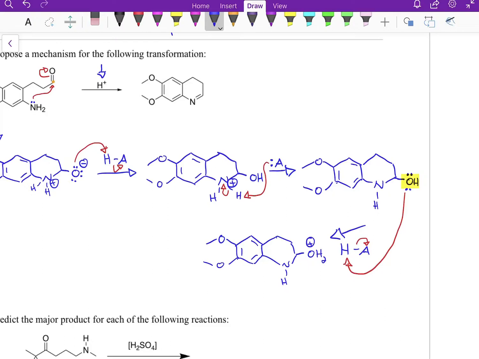And now that is positively charged. And the lone pair on the nitrogen right here is going to, so you need to look at which direction the lone pair is going to move towards. The oxygen is more electronegative than the nitrogen, so the lone pair is going to go more towards the oxygen, and the other oxygens are too far. So this is going to move right here, and this is going to move over here, making the water leave.